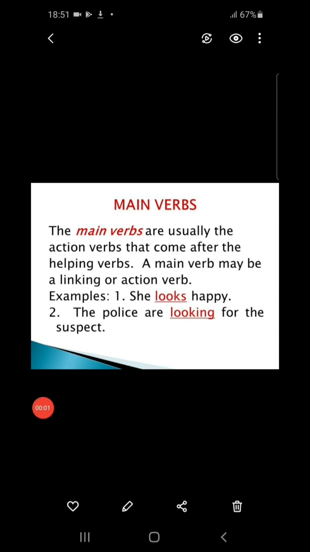So s is added with the main verb look as the subject is in third person singular number. I repeat, the subject is in third person singular number. She looks happy, where looks is the main verb.